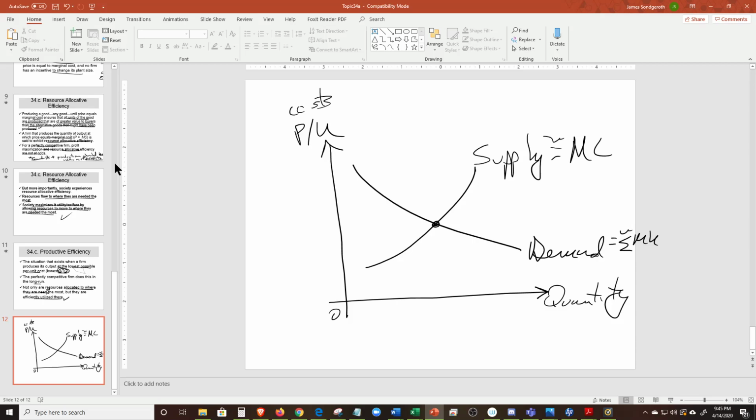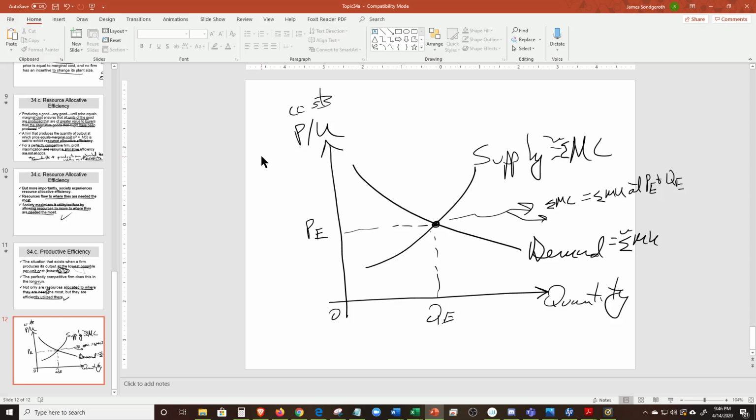And so right here, society is basically setting the sum of the marginal cost equal to the sum of the marginal utility at PE and equilibrium at QE, all right?